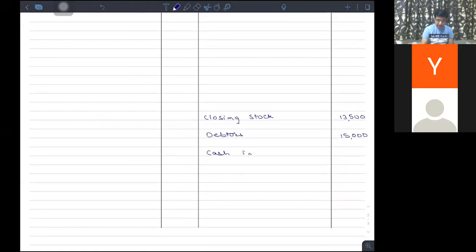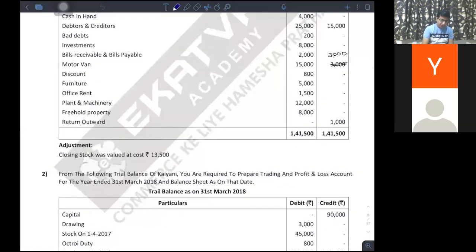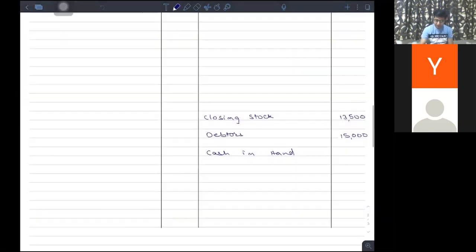Cash in hand, what is the value of that? 4,000. Sorry, debtors are 25,000 and creditors 15,000. Is it right? Yes.